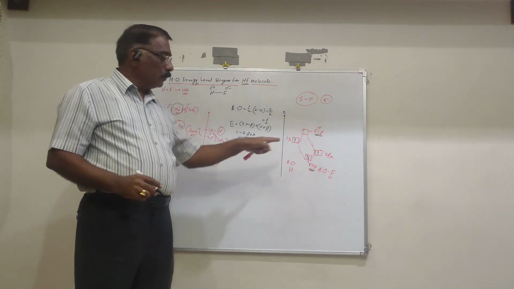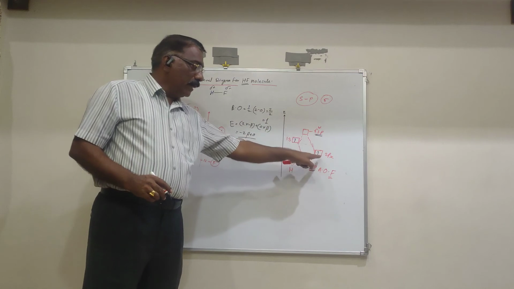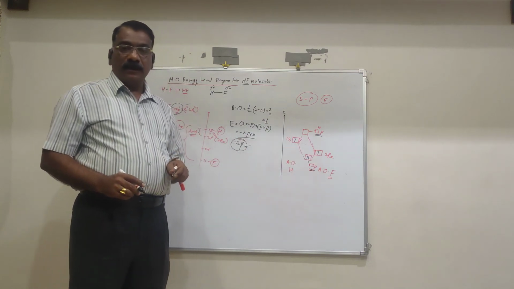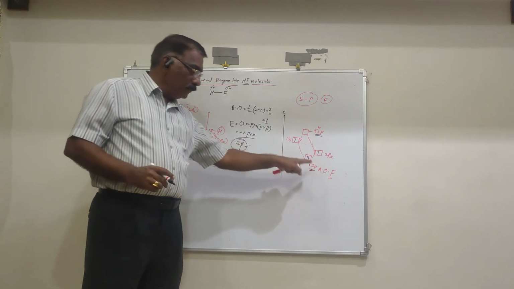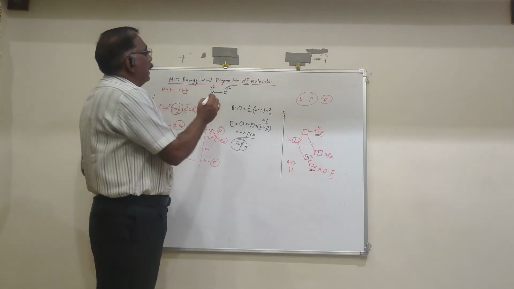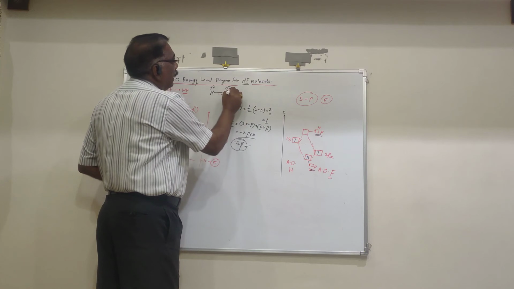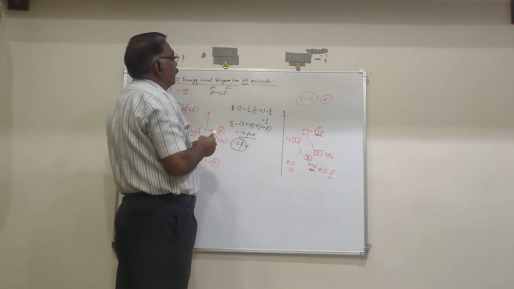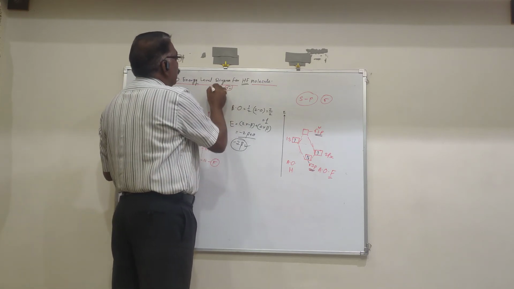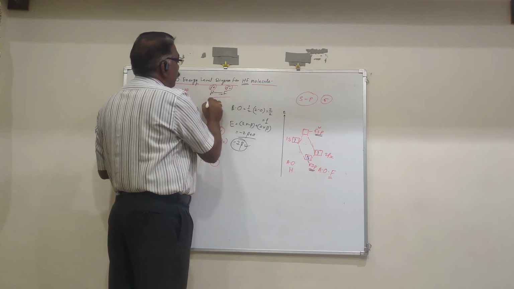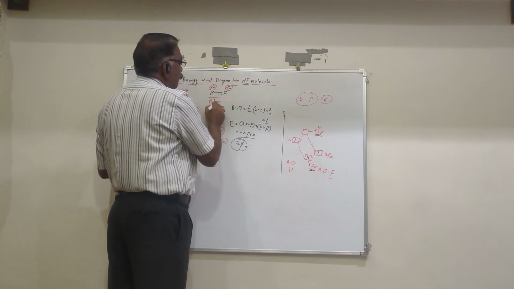The antibonding molecular orbital is close to the 1s orbital and away from the 2px orbital of fluorine. That means electron density is pulled towards fluorine, so fluorine acquires a partial negative charge, hydrogen acquires a partial positive charge, and the molecule becomes polar.